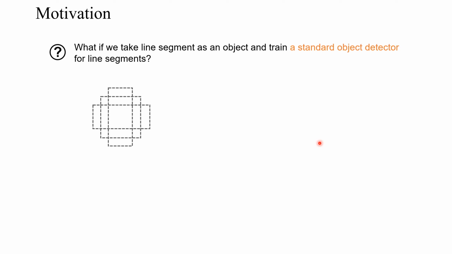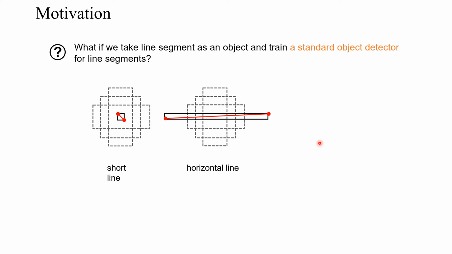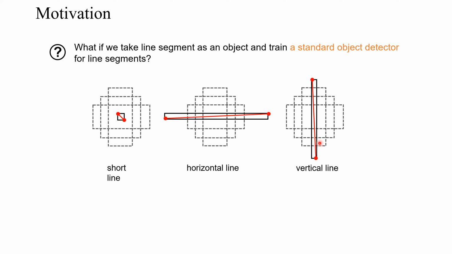You can also consider using a Faster R-CNN type of model to perform line segment detection, treating the line segment as a special object. The line segment can be horizontal or vertical. It is a very special type that has a really elongated structure. For example, we have short lines, really long horizontal lines, and very long vertical lines.